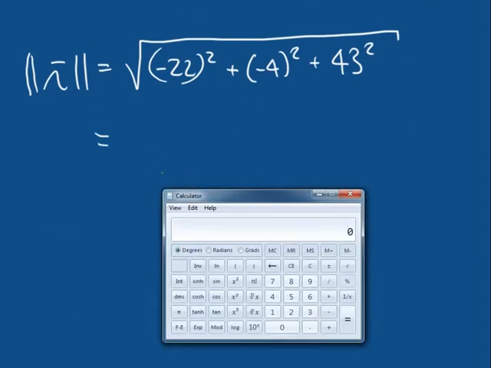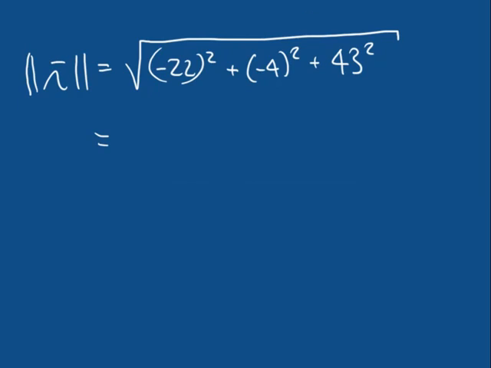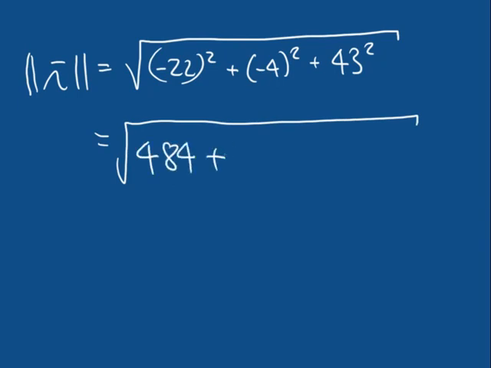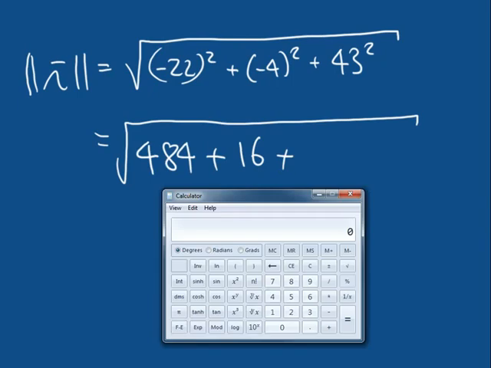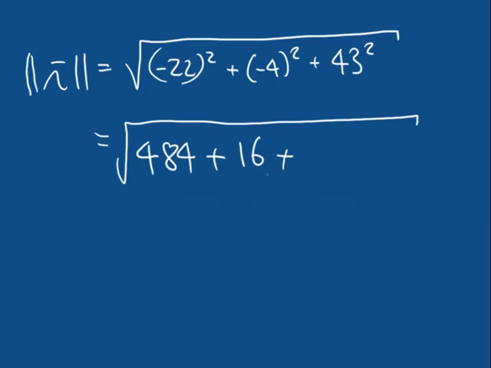Minus 22 squared is the same as 22 squared, which is 484, so this is equal to the square root of 484 plus minus 4 squared is 16 plus 43 squared is 1,849.